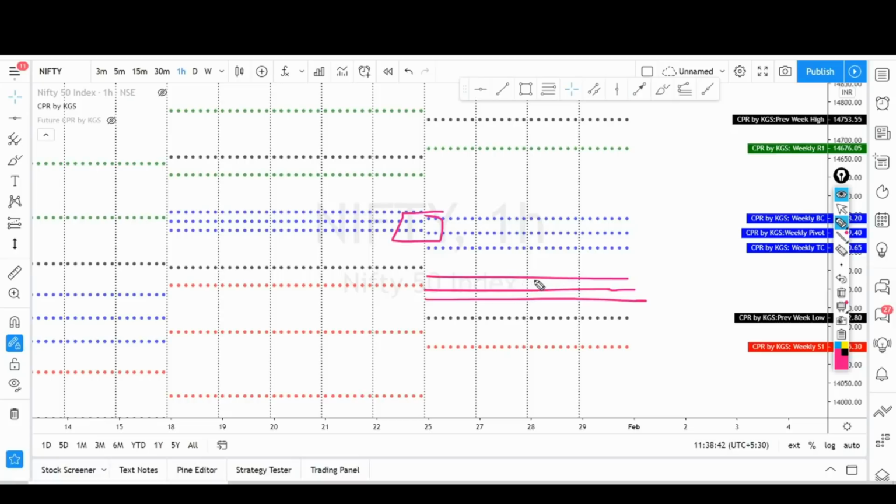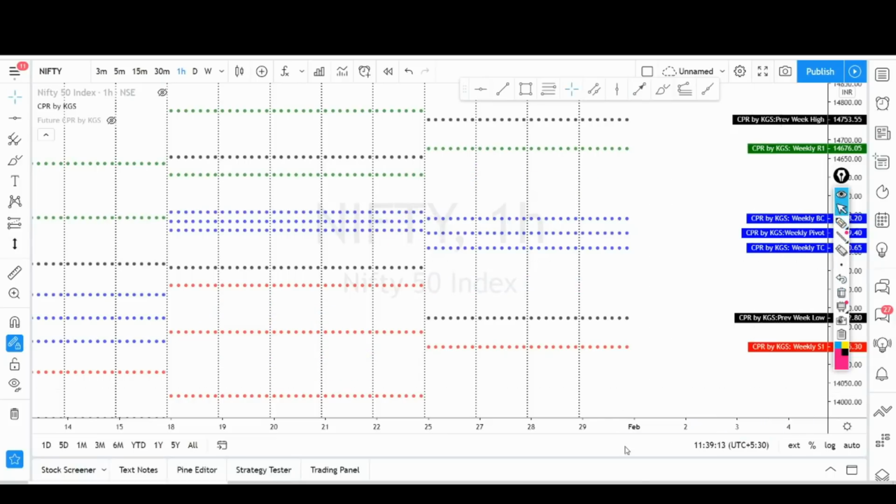Since the CPR is overlapping, I have added the word sideways because whenever there is an overlapping CPR, the chances of the market being less trending as well as sideways are high. So remember this particular point. Whenever there is an overlapping ascending or descending CPR, the chances are high for the market to stay sideways or less trending.